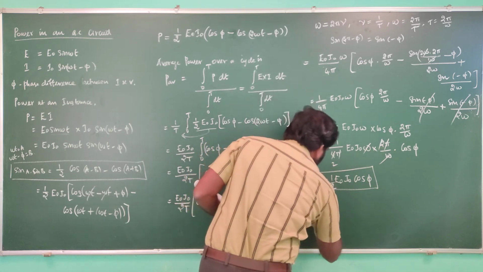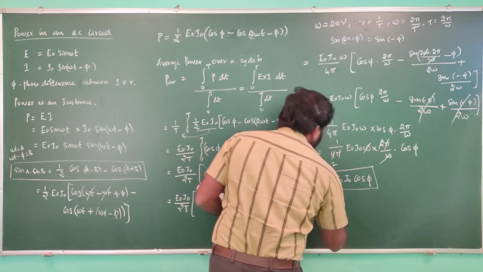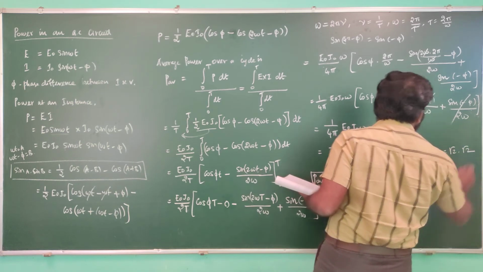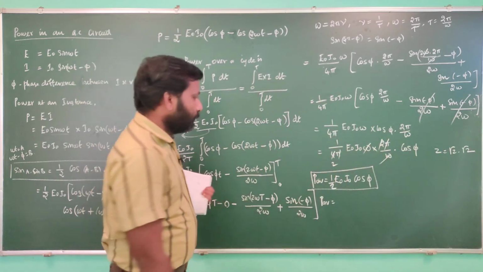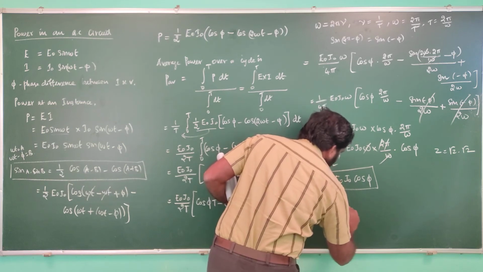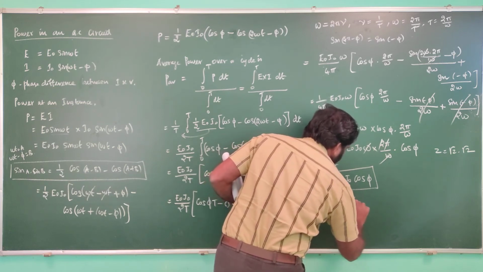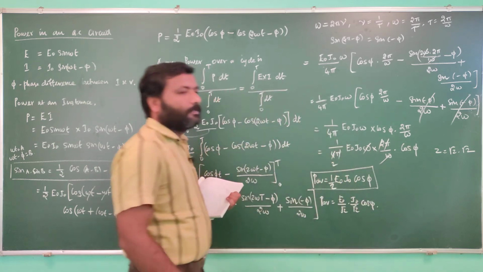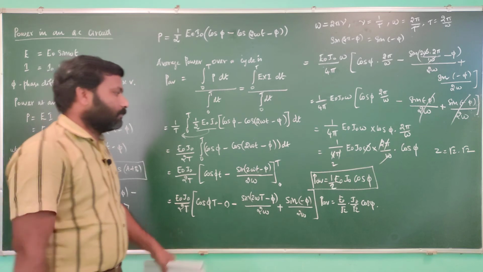This we can rewrite as, you can write 2 as the product of root 2 into root 2. Okay, so here we can write E naught by root 2 multiplied by I naught by root 2 into cos pi. This is another form of writing this equation.